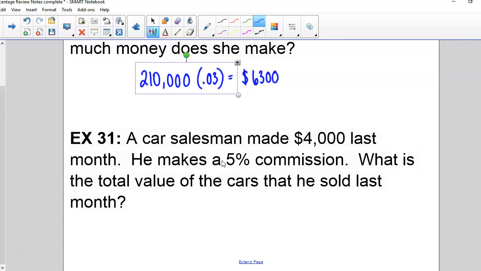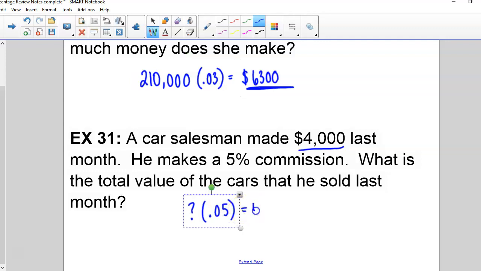Because this one's weird, okay? $200 is 5% of the 4,000, but this one's backwards. We know 4,000 is what he was paid. So in this case, we know 4,000 is like the answer to the problem. So we know some amount times 0.05 has to equal 4,000.